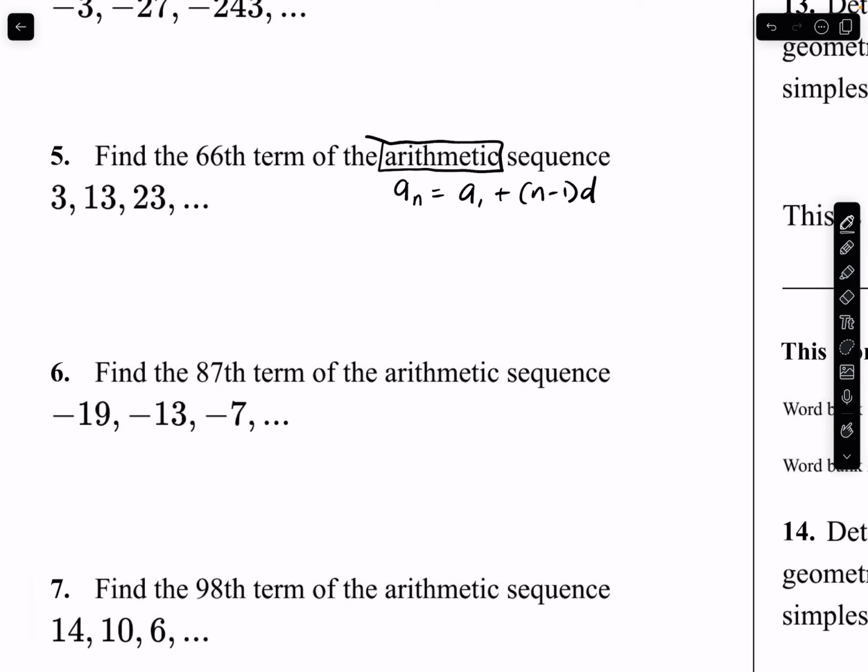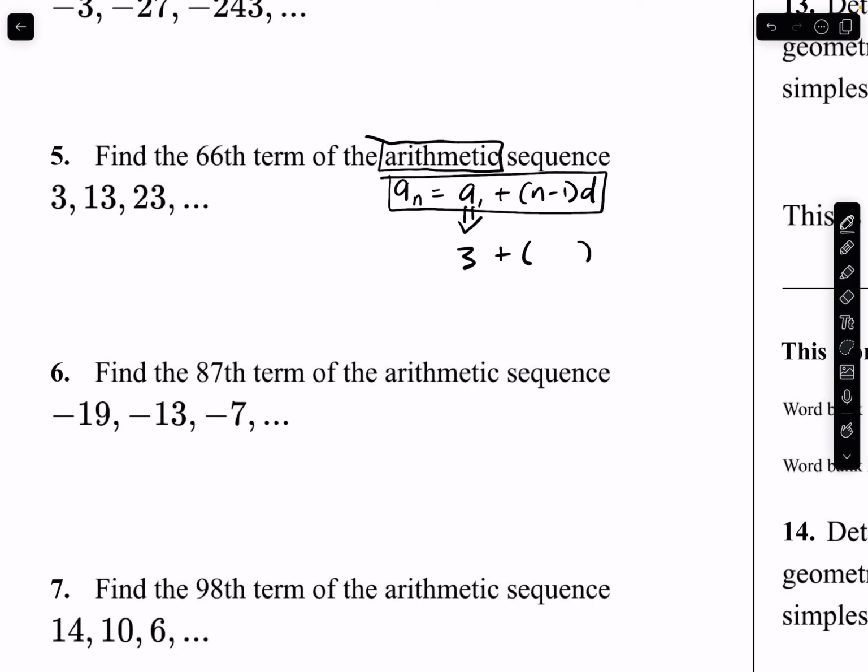Okay, now this is a formula that you can use, or if you wanted to, you can literally generate 66 terms and find it, okay? So what each of this formula means, and what's nice about these formulas is right away, A1 means the first term. Okay, so the first term is 3 plus n minus 1 times d.